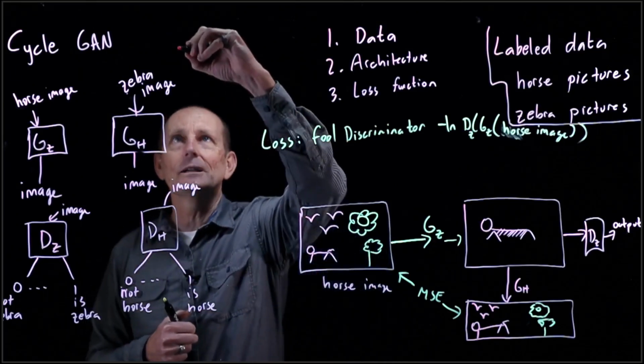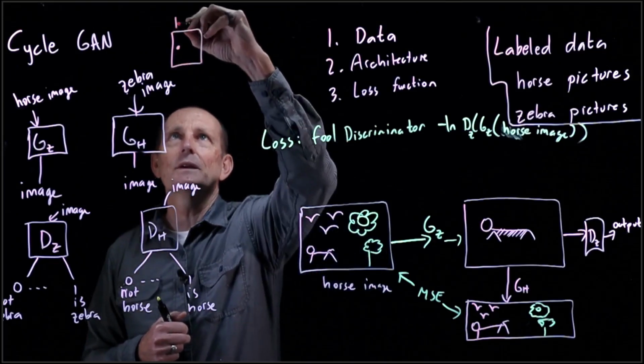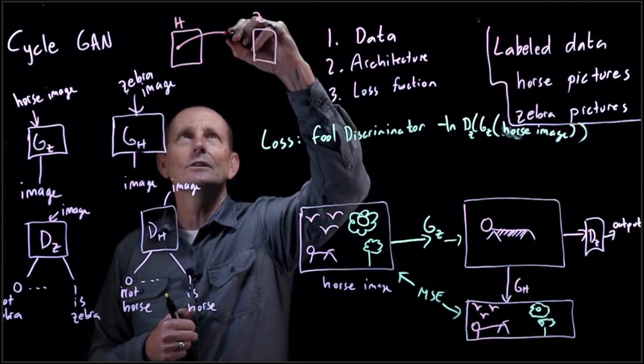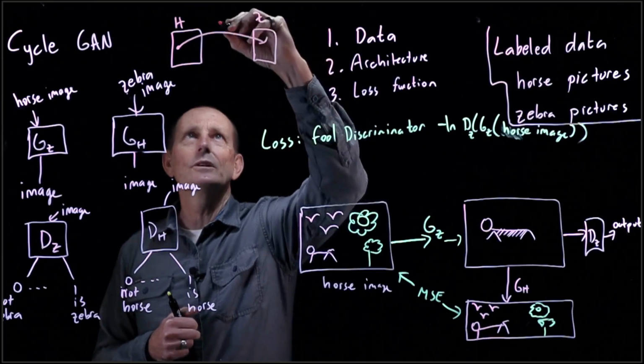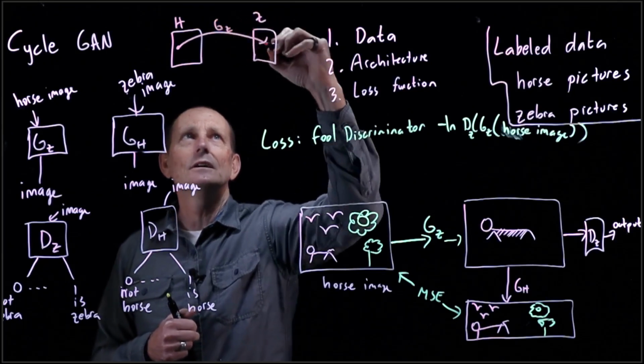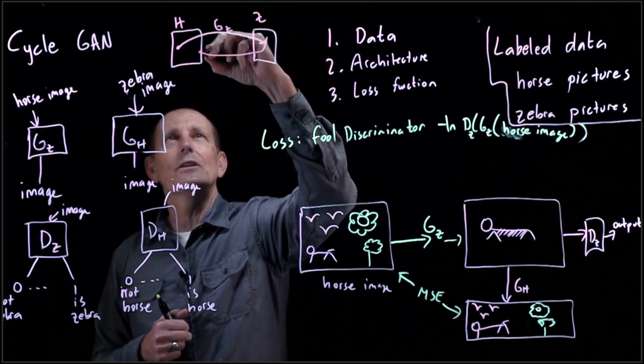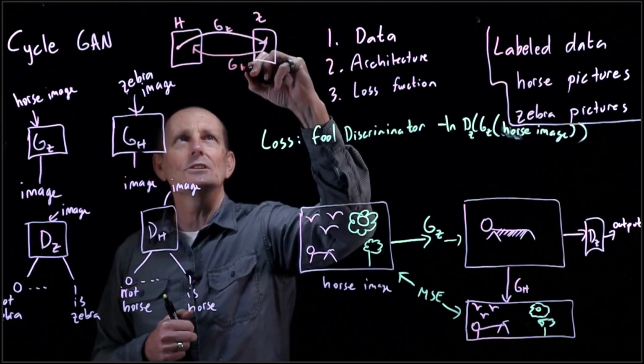So this is in the horse space, and this is in the zebra space. We take the horse into the zebra space with g sub z. And then, from here, we take the zebra back into the horse space with g sub h.